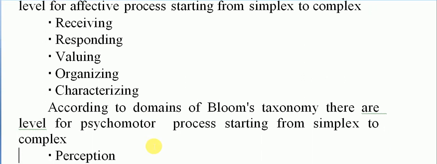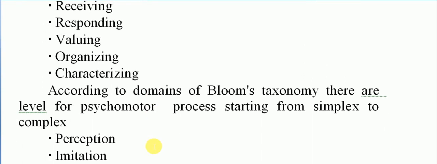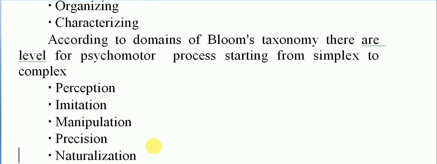According to the domains of Bloom's taxonomy, there are levels of psychomotor. When we come to the hand, psychomotor, it uses skill and our ability. The psychomotor process starts from simple to complex. First is perception, we think about that.